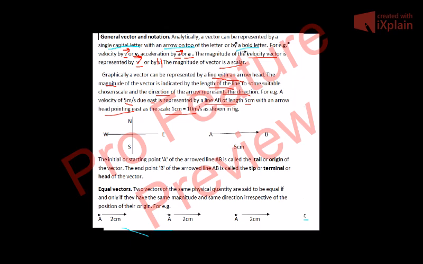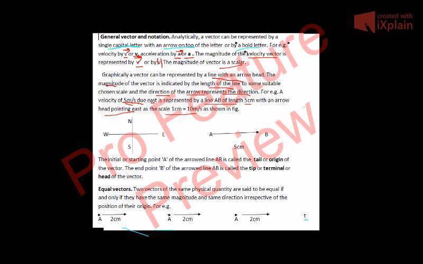What scale have we used? We have to represent a velocity of 5 meters per second, which means 500 centimeters per second.